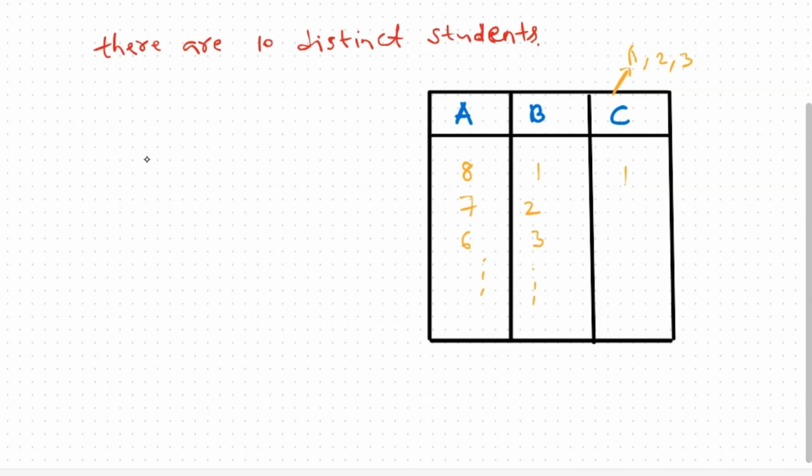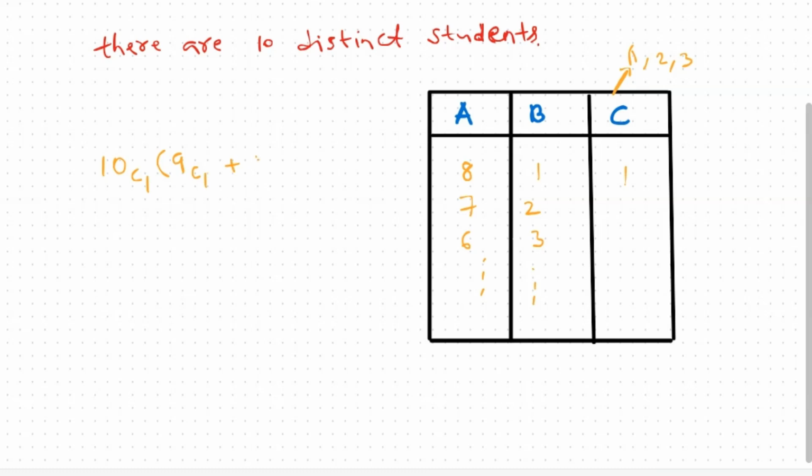Here in the C group, any one student from the 10 students is taken. Here, any one from the remaining 9 students is taken, and so the remaining 8 students belong to A. So we don't need to separately include it.